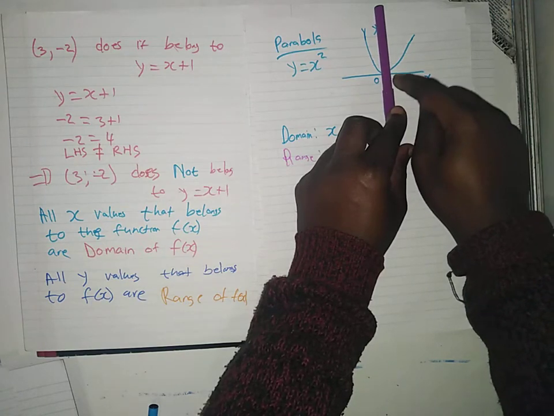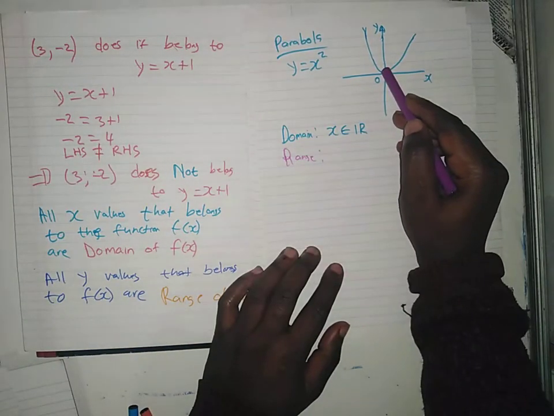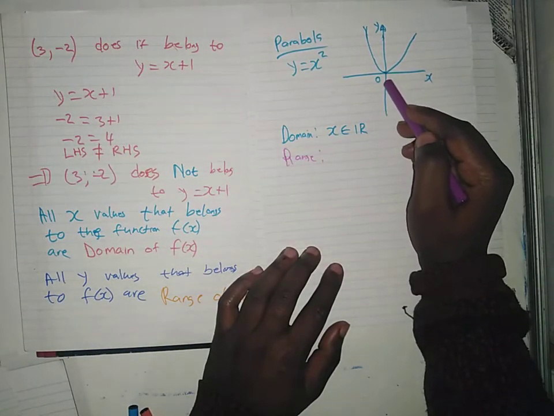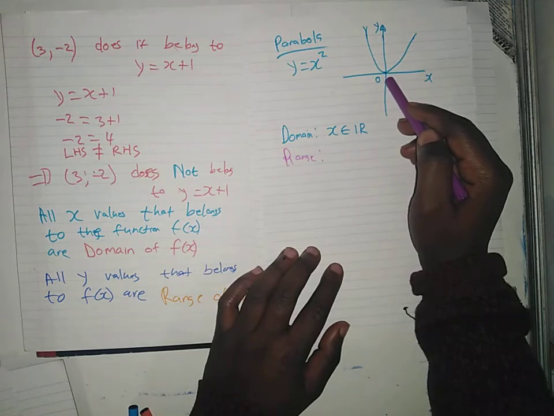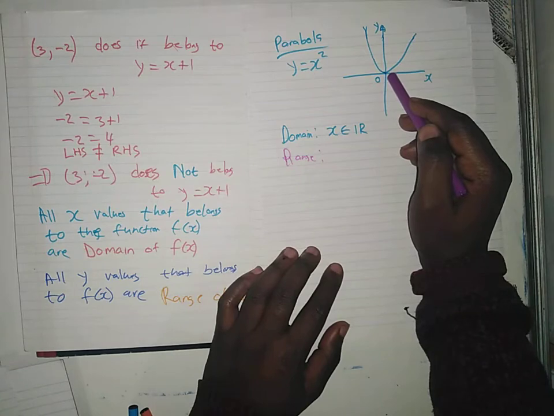This graph only touches here at 0. So when you go down, it doesn't touch. So the range, remember, is the values of y that belong to the formula.